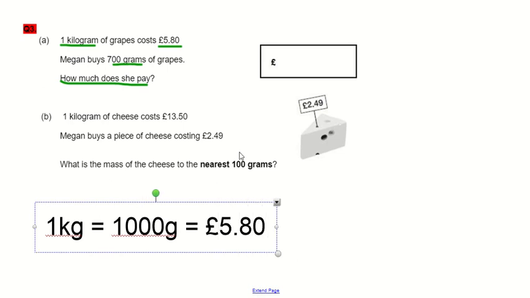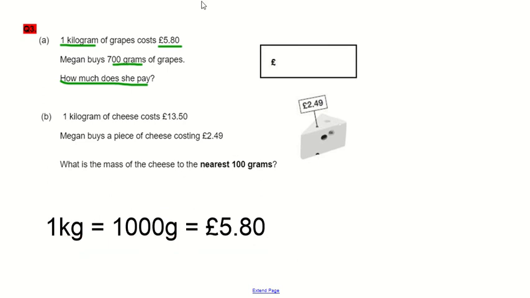£5.80. Okay, so that means if I was to divide 1,000 by 10, that would tell me what 100 grams is, because 1,000 divided by 10 is 100.